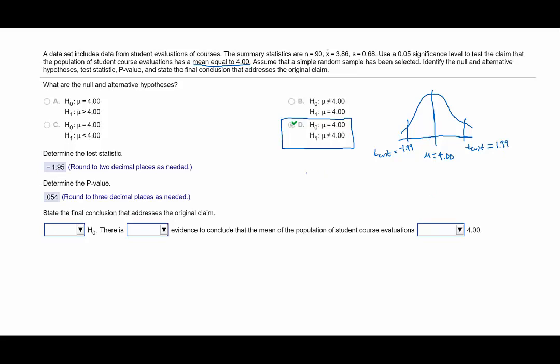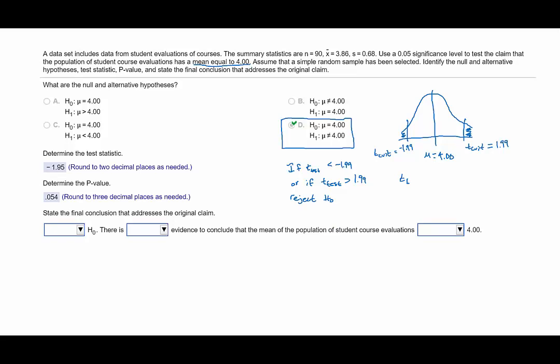And so using the critical values and test value method for the hypothesis test, we would say if our t-test value is less than minus 1.99, in other words, if it lands in this rejection region, or if our t-test value is bigger than positive 1.99, in other words, if it lands in the upper rejection region, then we should reject the null hypothesis.